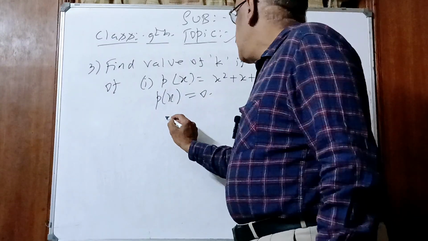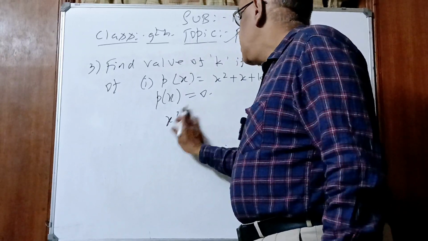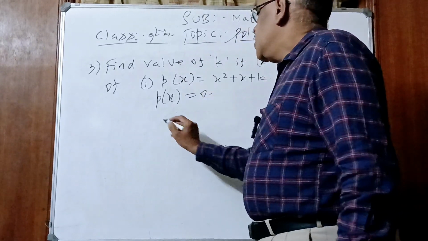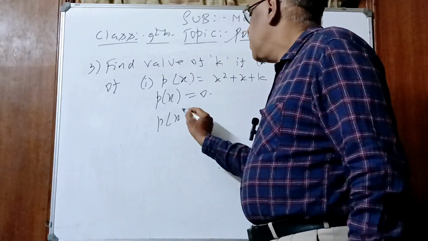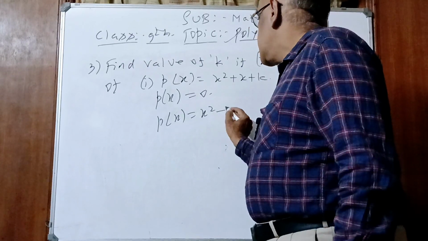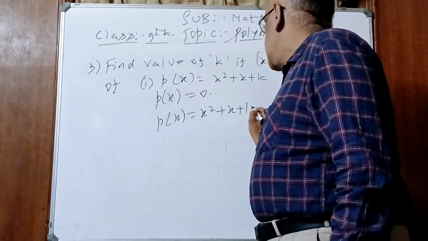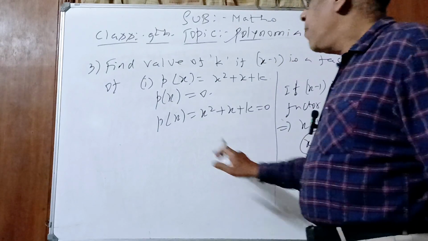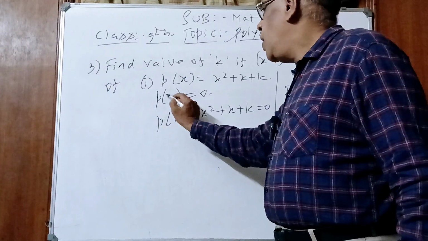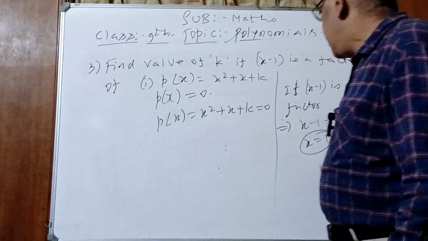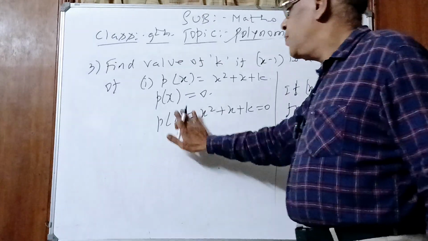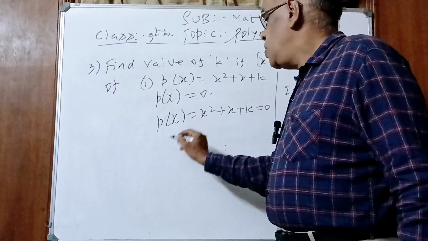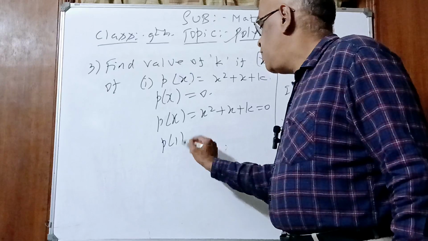Then what do we say here? So P of x is equal to x square plus x plus k is equal to 0. What is the x value, children? 1 or minus 1? 1. So put P of 1.